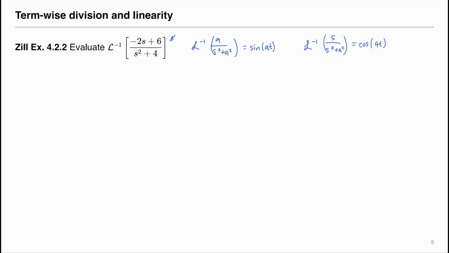These two are different because a is a constant, but s is the variable in the Laplace space. They're very different. To evaluate the expression negative 2s plus 6 divided by s squared plus 4, we can write it out so that they have the common denominator s squared plus 4, but the term at the top can be separated.